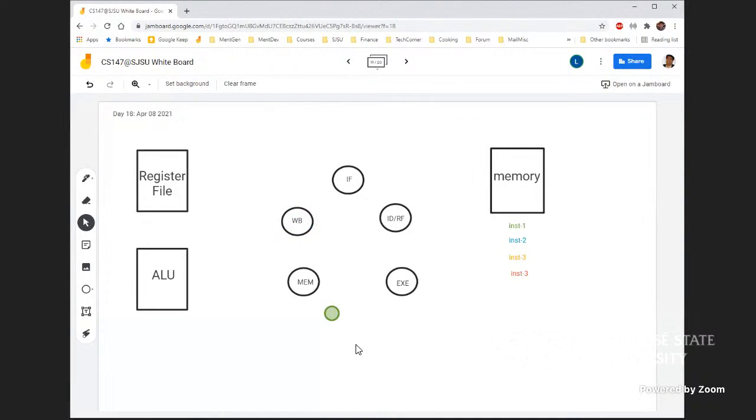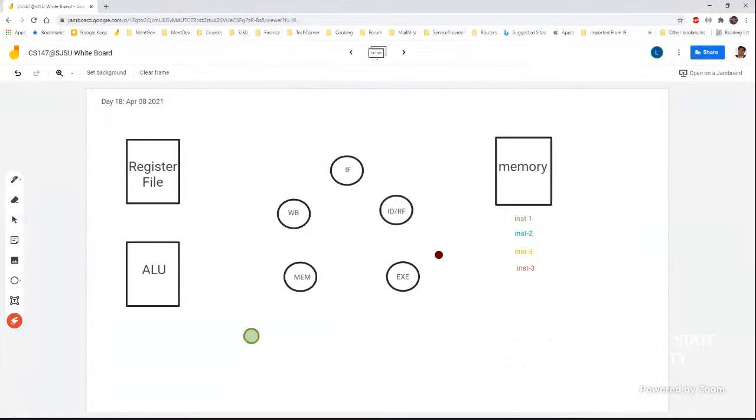Now let's quickly recap what execution of instructions has looked like so far. Let's say we have these 4 instructions that we want to execute.